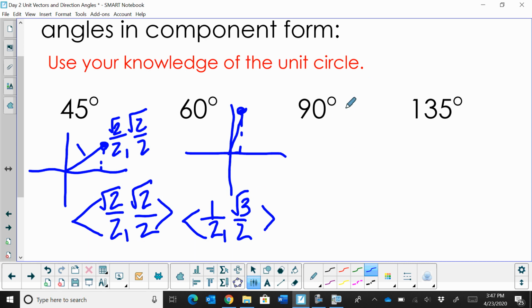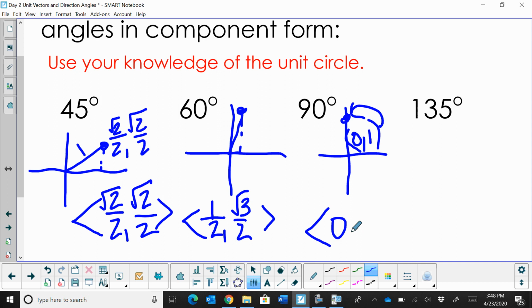Okay, what do we know about 90? 90 is here. What are the coordinates for that? 0 and 1 are the coordinates for this position. So the vector is going to be the vector 0, 1. Well, isn't that just the j vector as a linear combination? That's just the unit 1j vector.